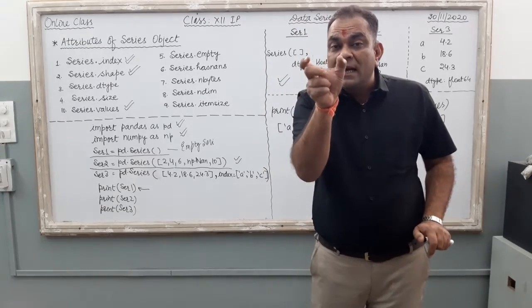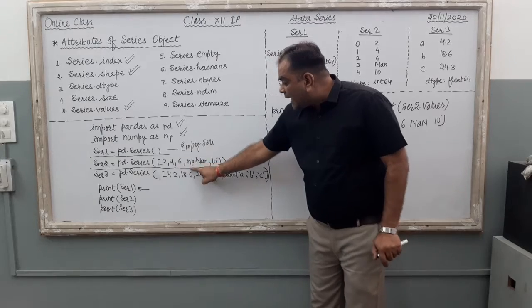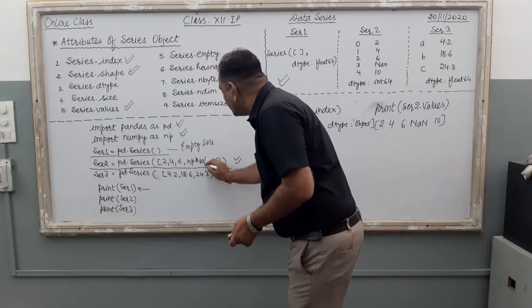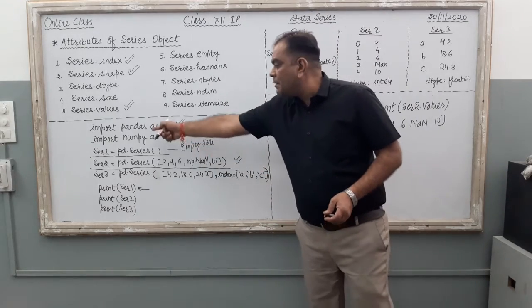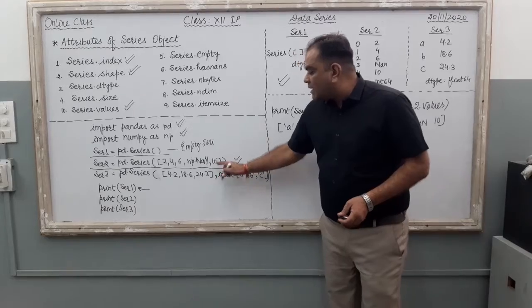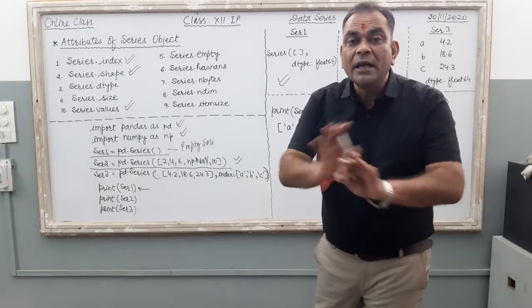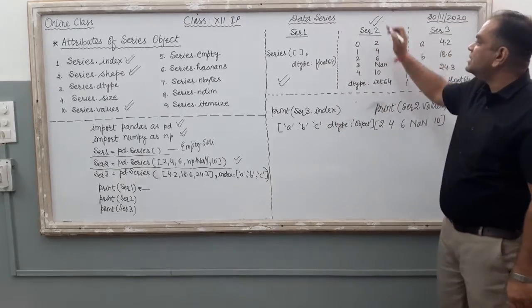You can skip the data type part, you can skip the index part. But if you put the data part, just see, only data is there: 2, 4, 6, np.nan, oh here NaN should be capital. NaN means not a number, it is there in np, np means numpy. NaN comma 10 means I supply data part only, no index, no data type. Just see what is the output of the series 2.